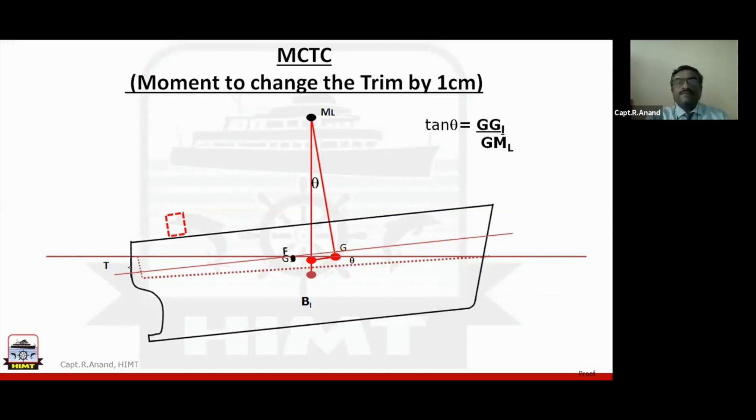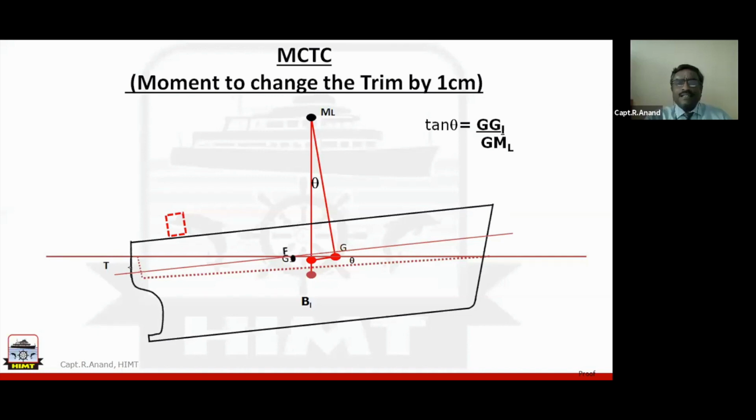Longitudinal metacentric. Now, when I just say GM without any specification, I actually talk about metacentric height, which is related to transverse metacenter. Why is this longitudinal metacenter, GML, hardly ever taken into consideration?